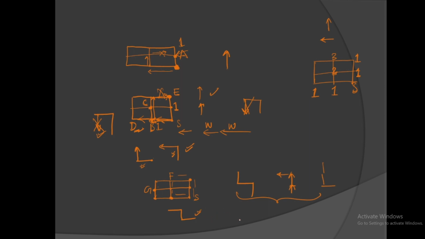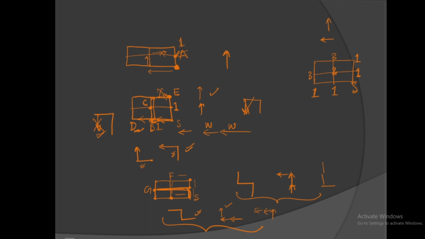And we can also go left, left, and then up. This is also valid. Or we can go up, then left, and then left. I mean, following this path. So here also there are three ways. So at this point we have three ways.